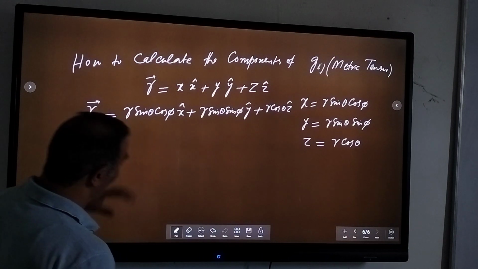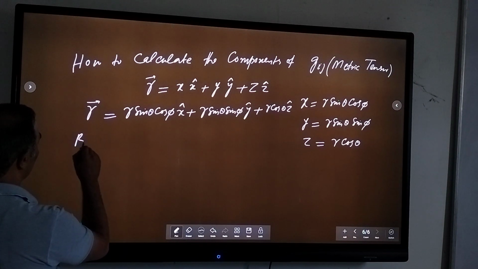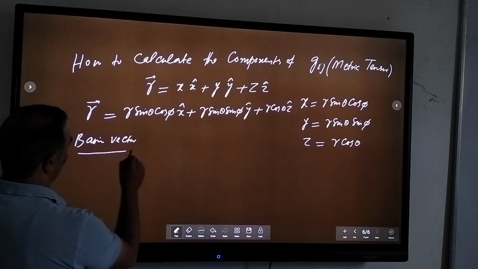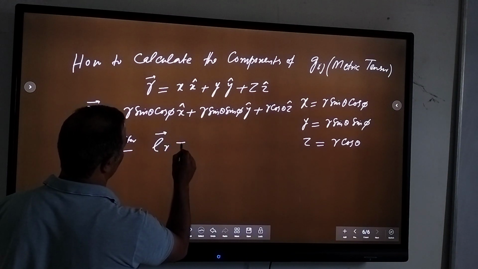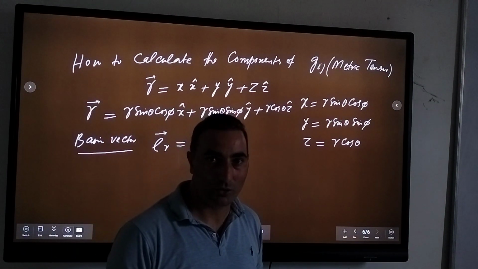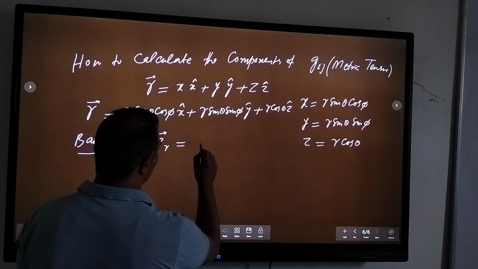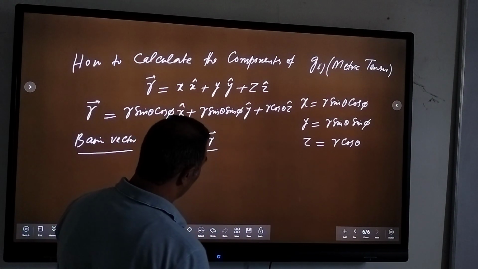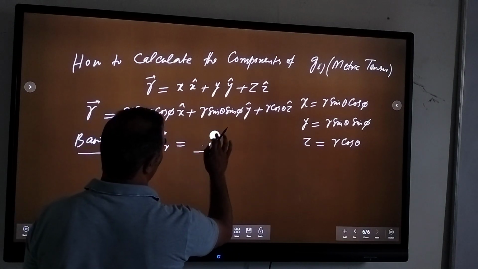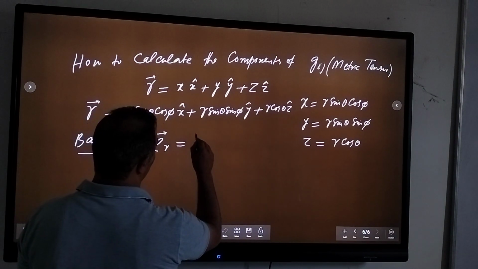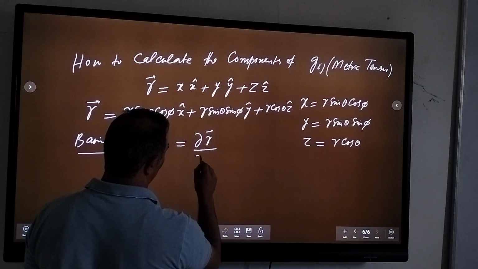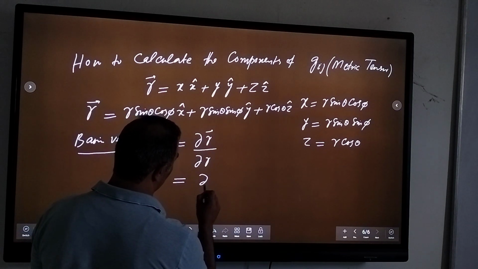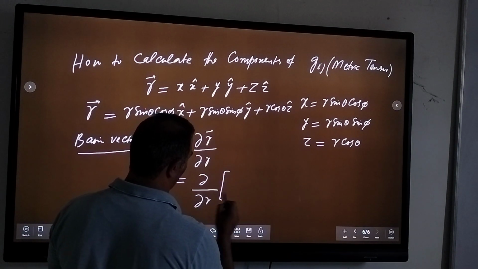So let us use it now. Let us calculate now the basis vectors. So what's our ER? Okay. So these are basis vectors, not unit vectors, so remember that. So ER I can write as dr upon... or you can write this, because we need to differentiate it partially. So that will be equal to partial of the R vector by partial r, right?